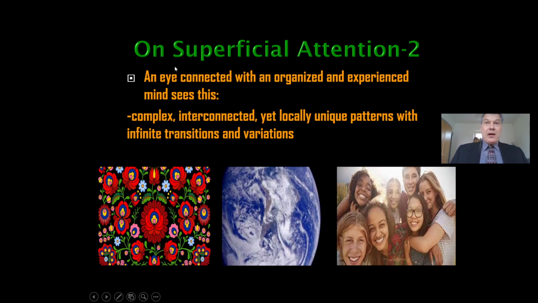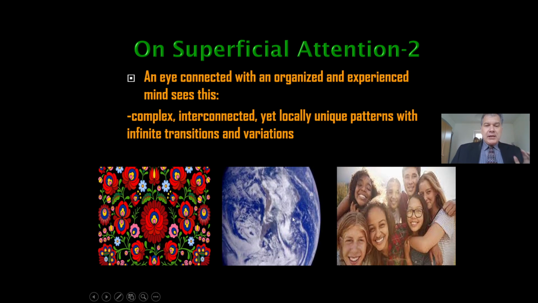If we have an eye, senses, okay, with an organized and experienced mind attached to it, then we are going to see complex, interconnected patterns with unique local patterns in it.